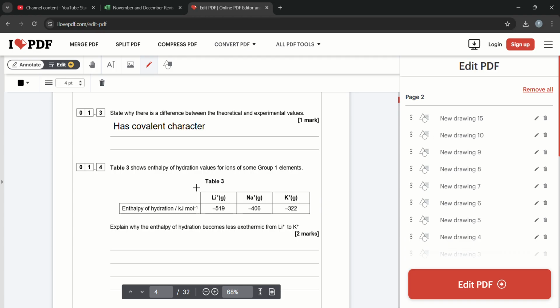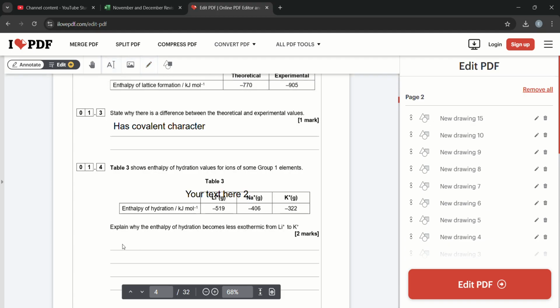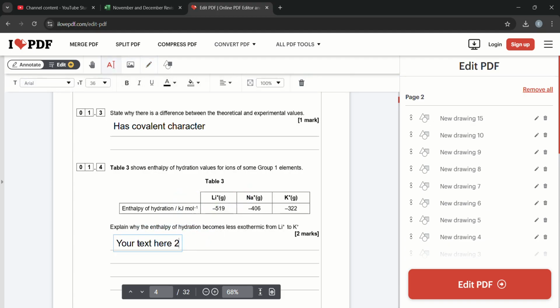1.4. Table 3 shows enthalpy of hydration values for group 1 ions. Explain why the enthalpy of hydration becomes less exothermic from Li plus to K plus. Well, we know from Li plus to K plus, the size of the ion increases.